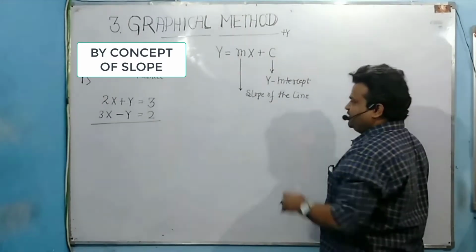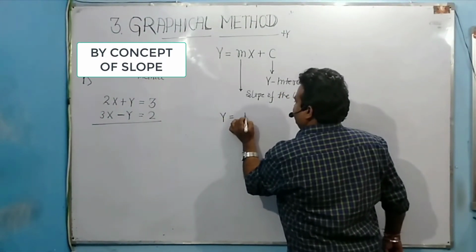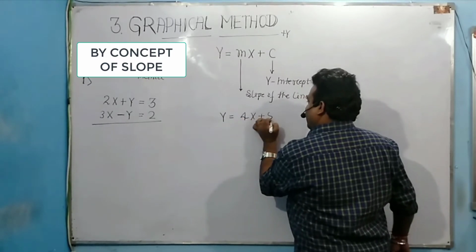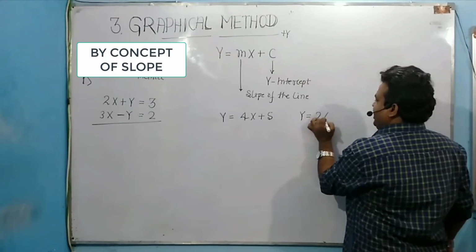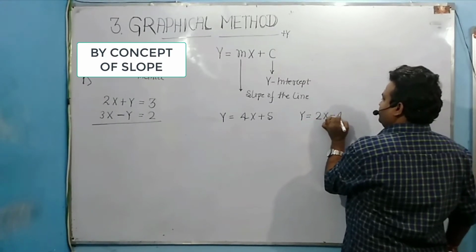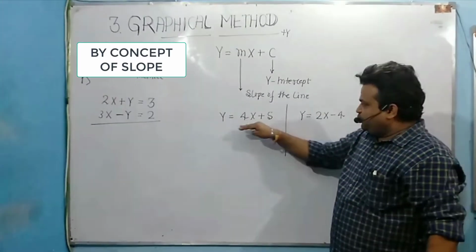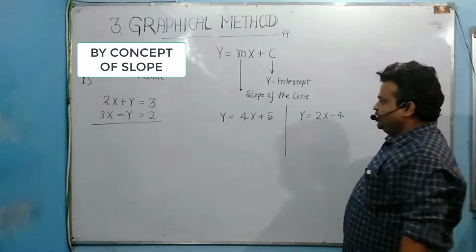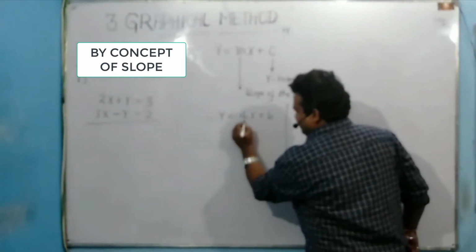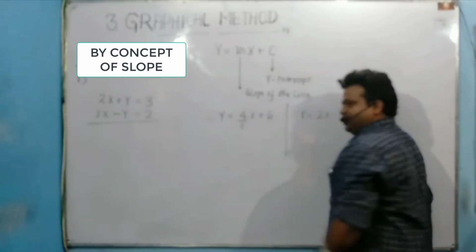Clear? Now, suppose I am writing y equal to 4x plus 5 and y equal to 2x minus 4. I am discussing these two equations. In this case, this is 4. 4 I can write like this, 4 by 1.